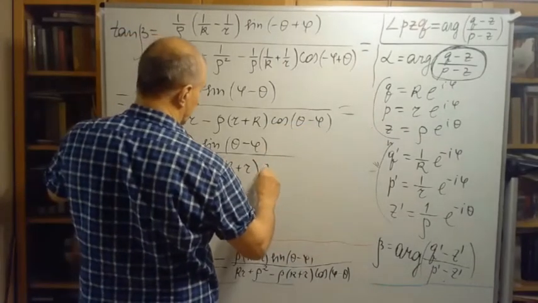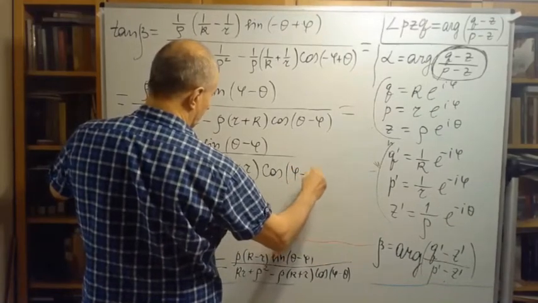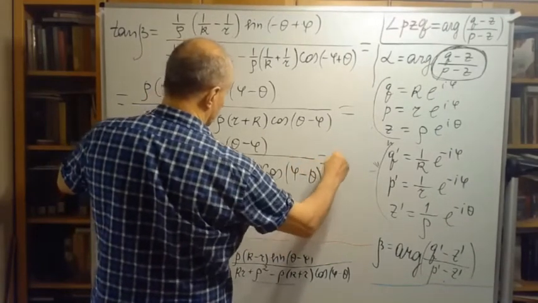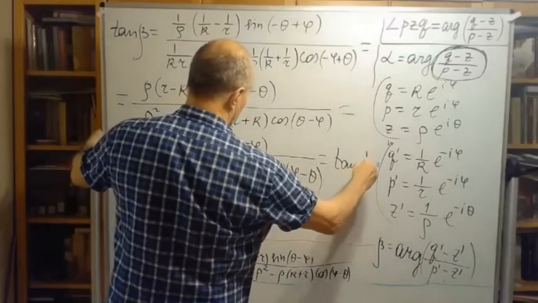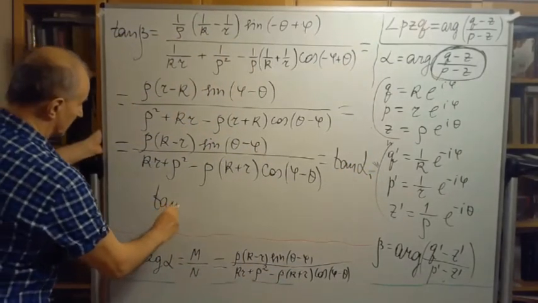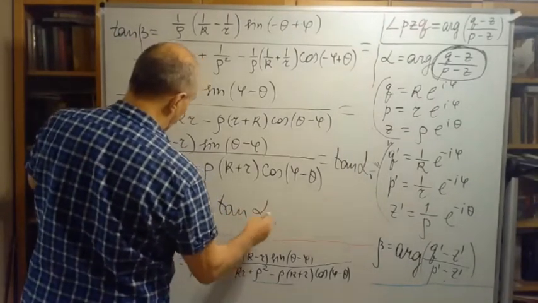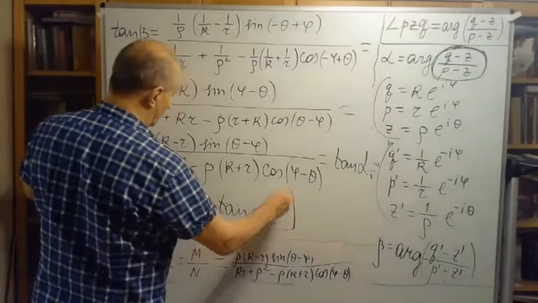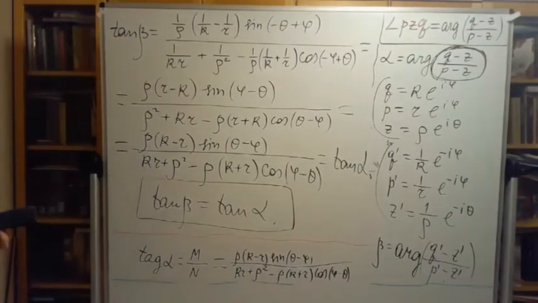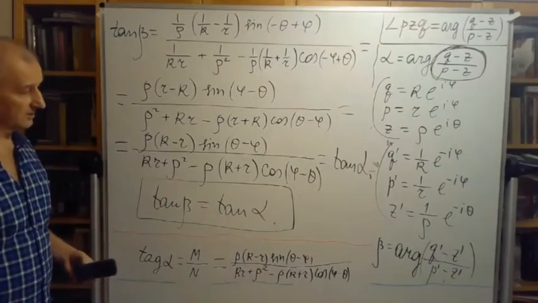Cosine is an even function, so cosine of theta minus phi is the same as cosine of phi minus theta. And this is exactly tangent alpha. So tangent beta is equal to tangent alpha, and that's what we were going to show, the conformality of inversion.